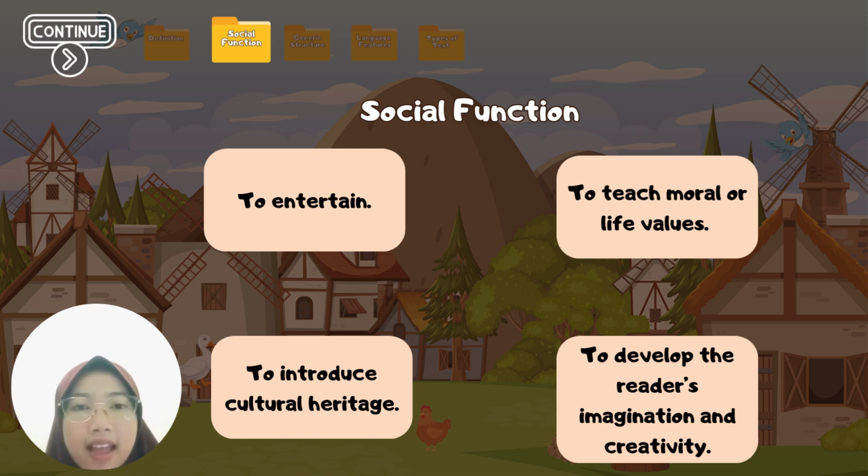It means that a narrative text consists of many cultural aspects which we can learn. And then the fourth is to develop our imagination and creativity. It means that by reading a narrative text we can become more creative and have more imagination.